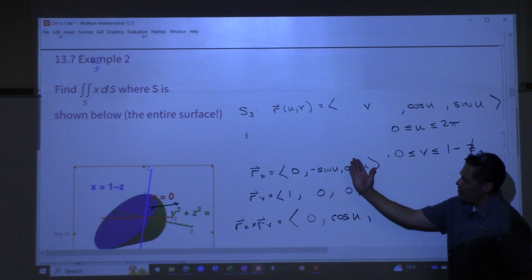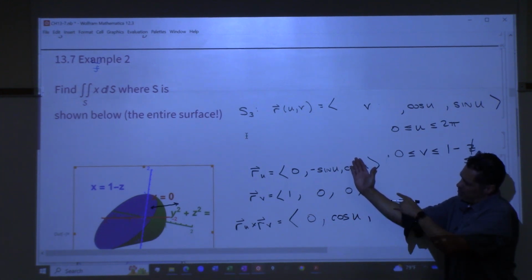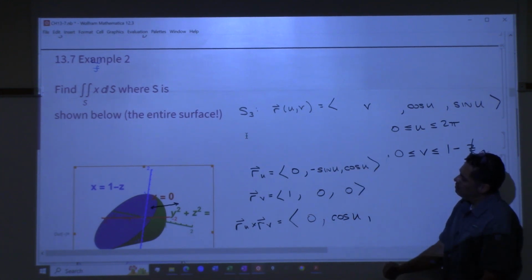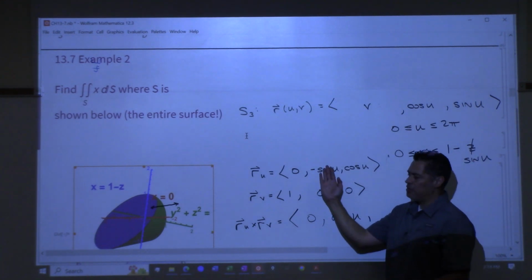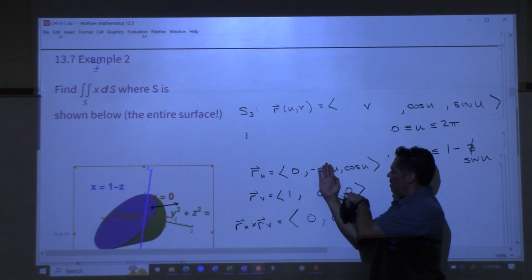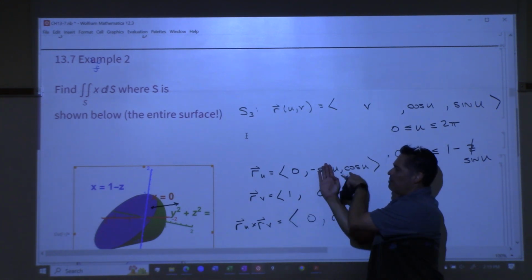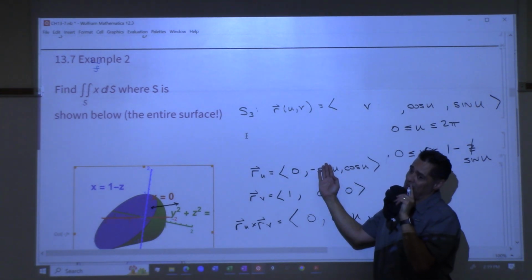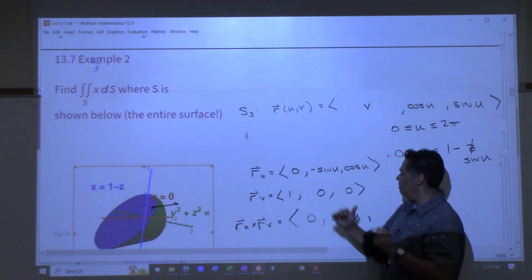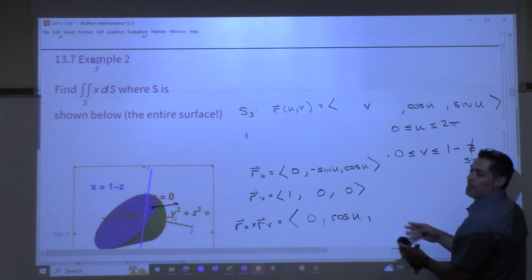The last one, it'll turn out positive because you do this times this, 0, and then you subtract this times this, but then you have to put the negative in front. It's not going to matter because we're going to take the magnitude, so we're going to square it anyway, but we want to get it right.